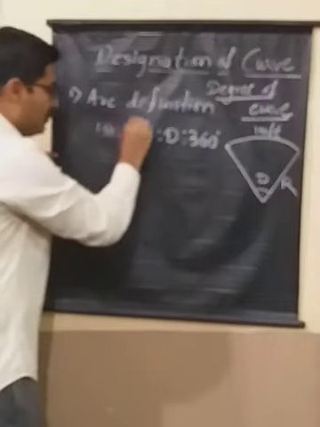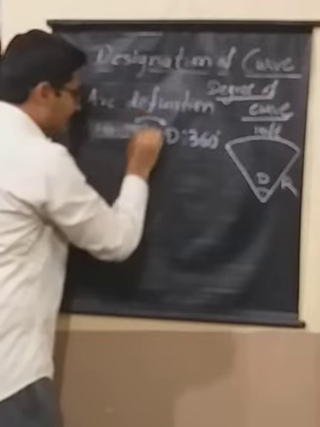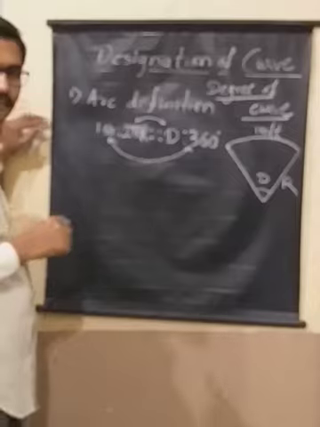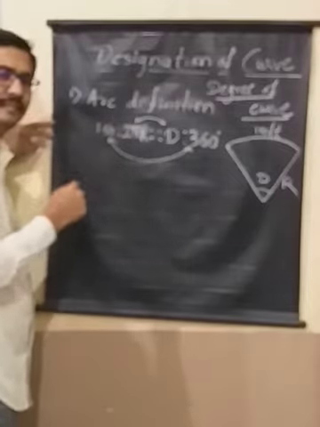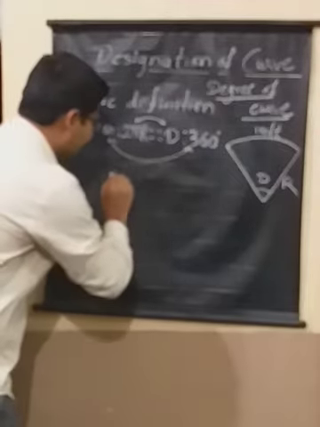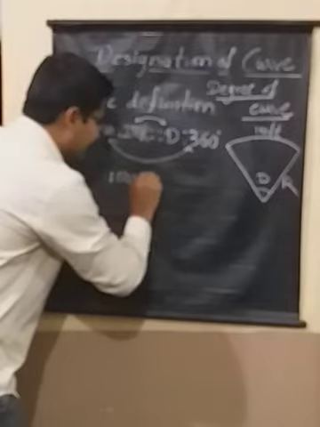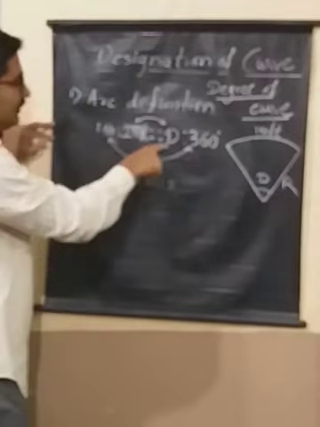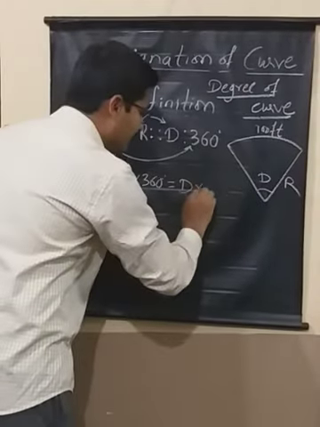Now I am going to have this in a simplified form by multiplying the exterior terms and the interior terms and equating them. So I will multiply 100 and 360, and this will be equal to D into 2 pi r.